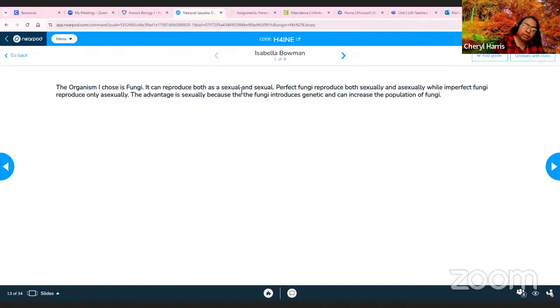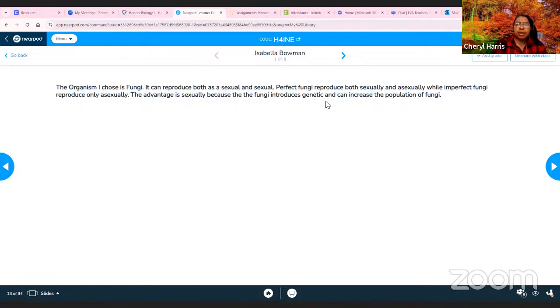Sexually, obviously, means that they create both egg and sperm. But what type of asexual? Remember, we have different types of asexual reproduction, so it would be helpful for you to add which one they are doing.